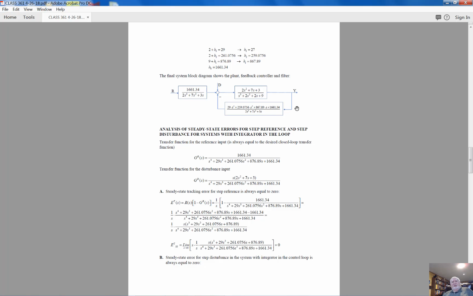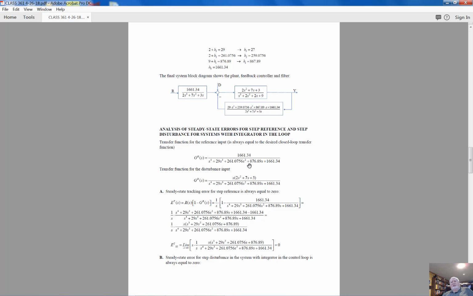So, the introduction of the integrator increased the order of the system by 1, and we introduced the integrator expecting that it will affect steady state errors. And now we will do the analysis of steady state errors for step reference and step disturbance for systems that have an integrator in the loop.